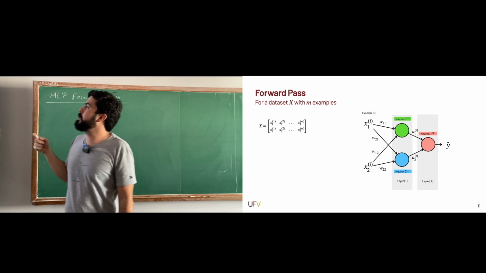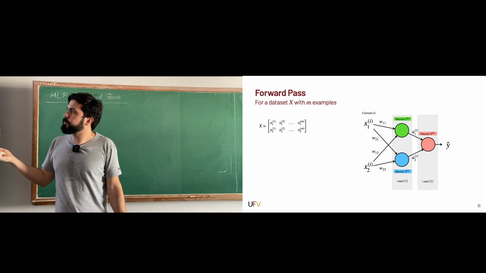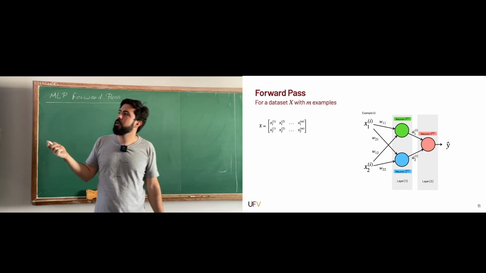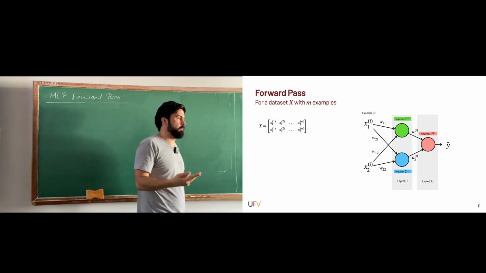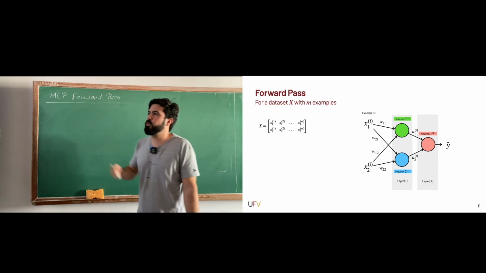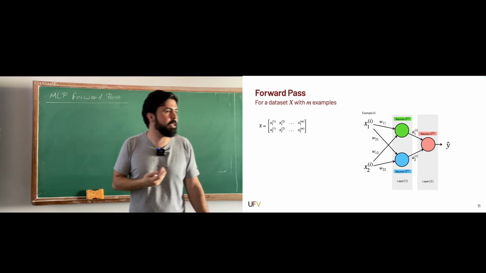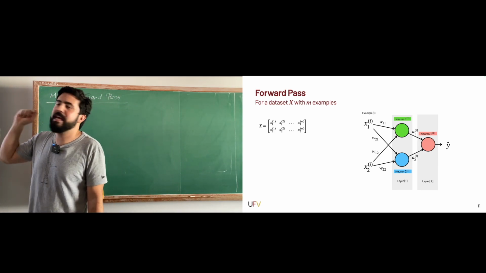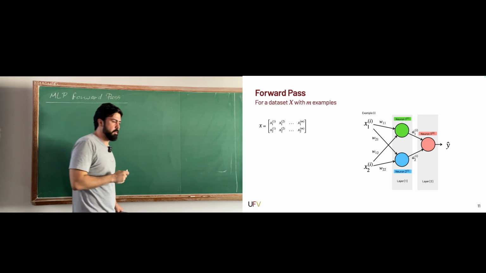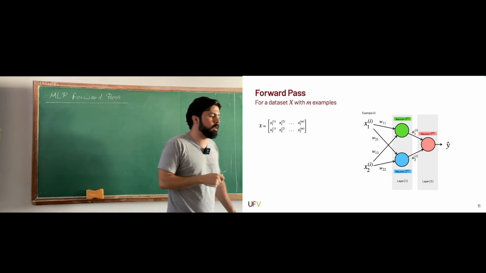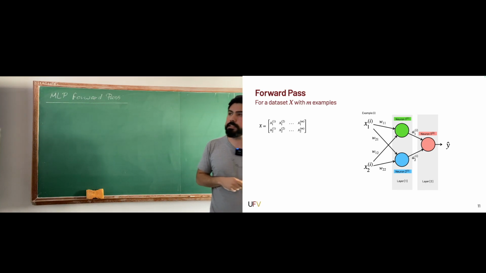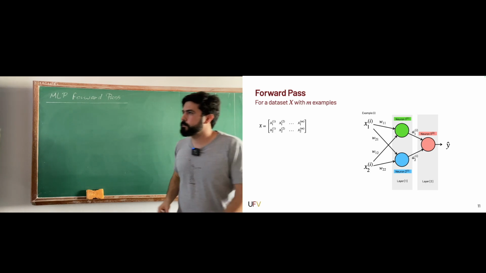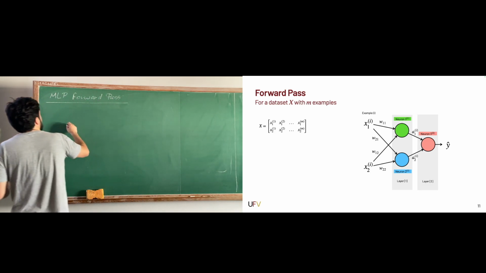So this is a problem where each example has 2 features. That's why there's 2 rows in that matrix. And we have m examples. As usual, this letter m is reserved for the number of examples in the data set. So I'm going to write it here.